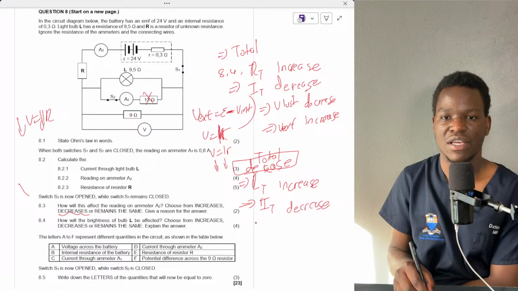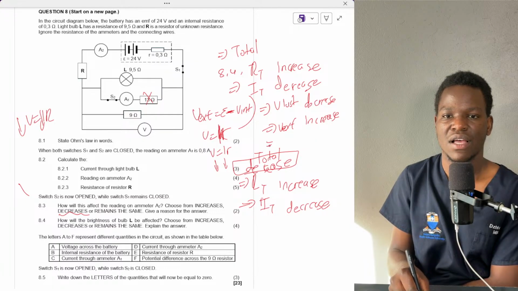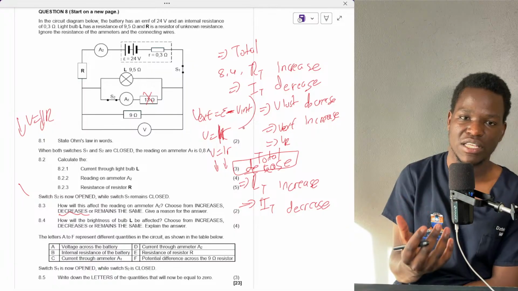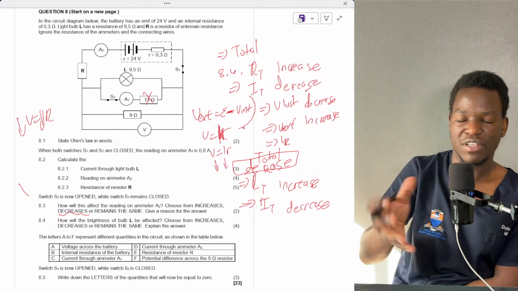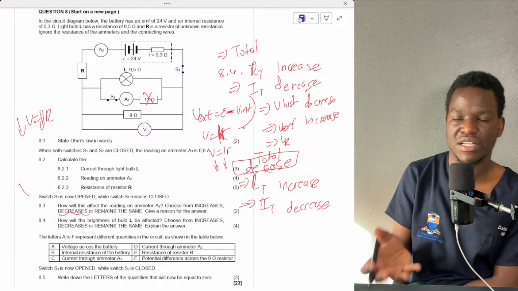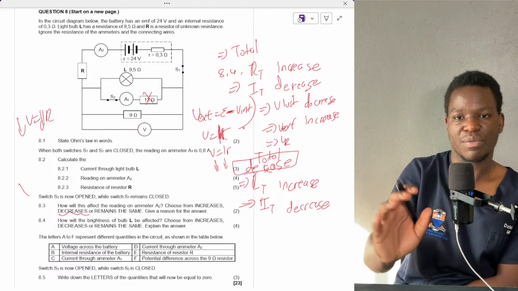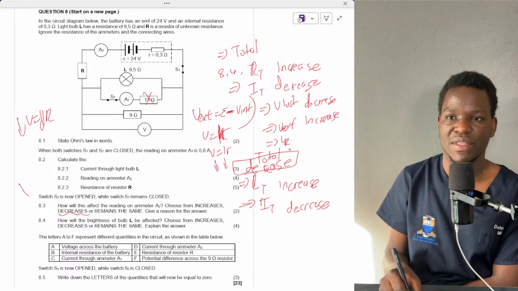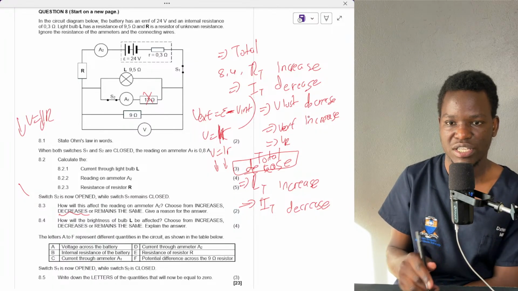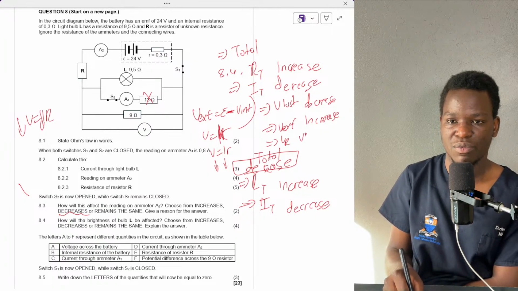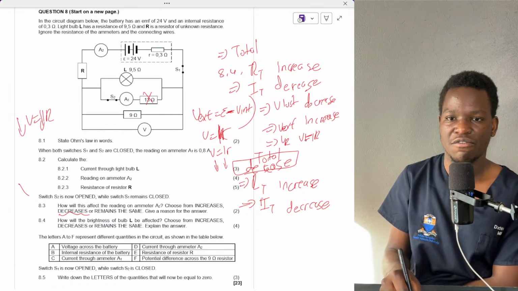You only do this if there is a resistor in series that takes the voltage before it goes to the parallel VR. Then you substitute, or you just say through this equation V equals IR. Therefore VR is going to do what? VR, we say decreases.